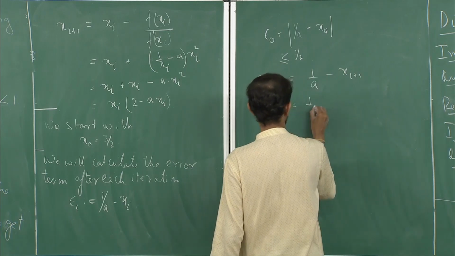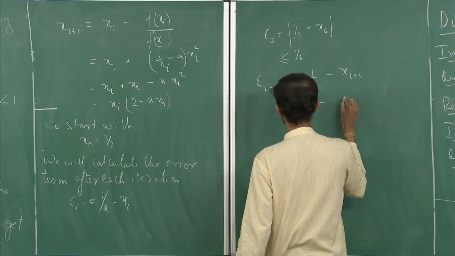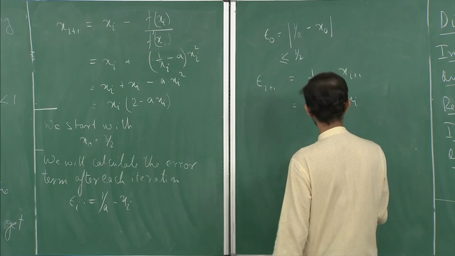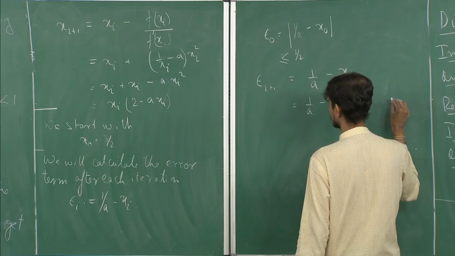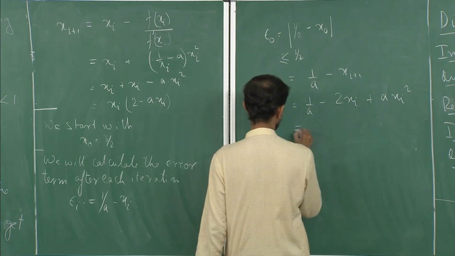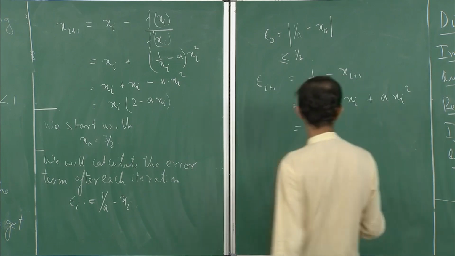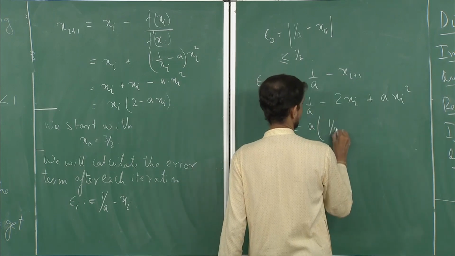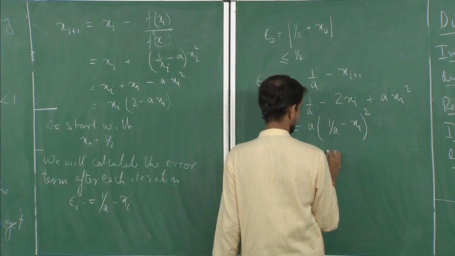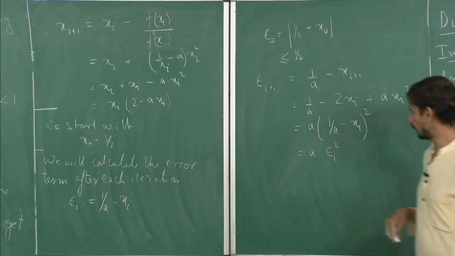And xi plus 1 in terms of xi is 2xi minus a xi square, and if you actually rearrange this, what you will get is a into (1 over a minus xi) whole square, which is equal to a epsilon i whole square.